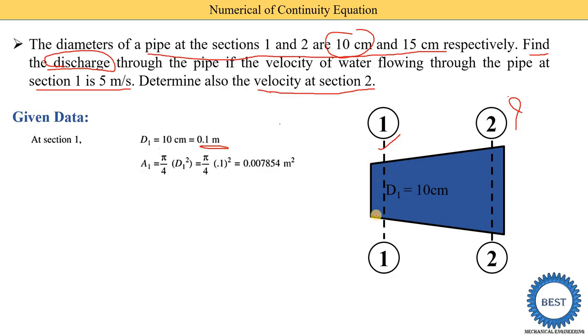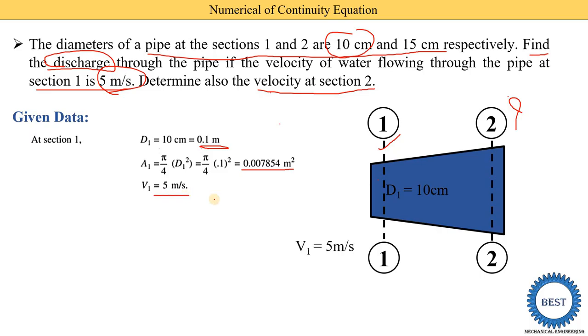So it is a pipe, means it has a circular cross section, and the area of the circle is found by using this equation: pi by 4 into d1 square, and here we put d in meters, that is 0.1 meter. So we get the area, it is 0.007854 meter square. Next parameter given is velocity at section 1, that is V1, it is 5 meter per second. So V1 is equal to 5 meter per second.